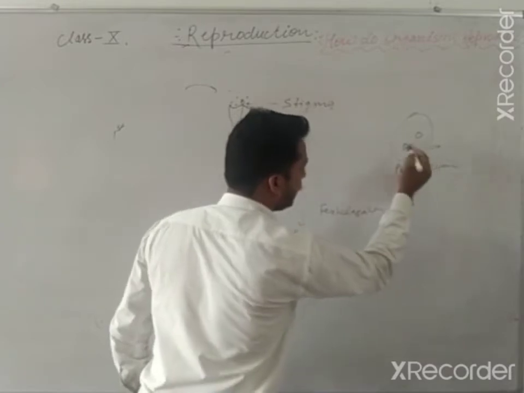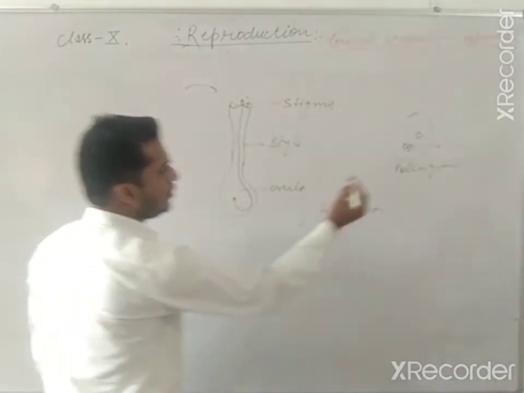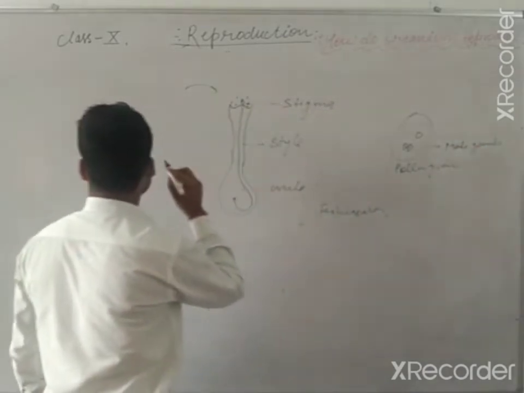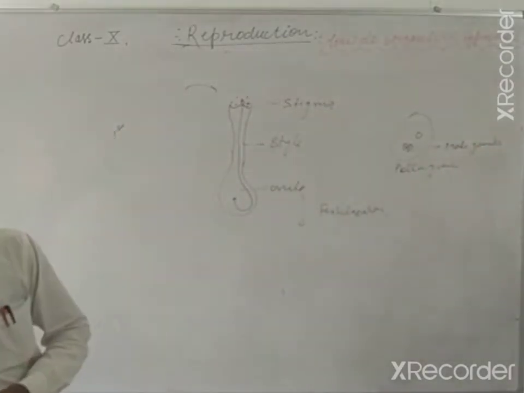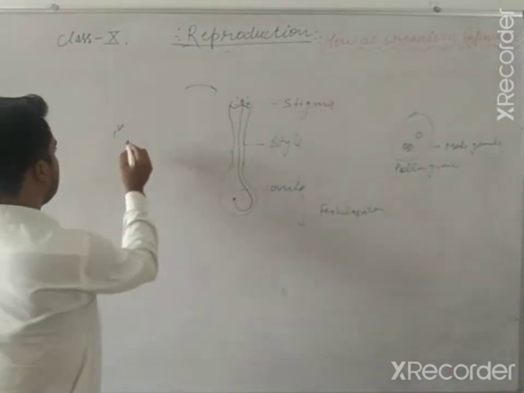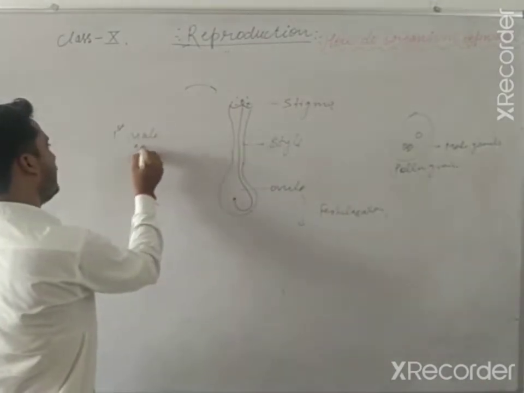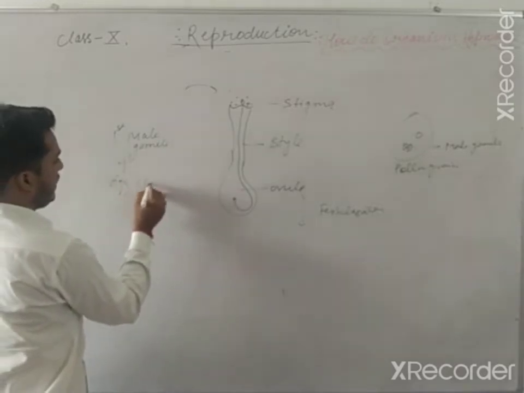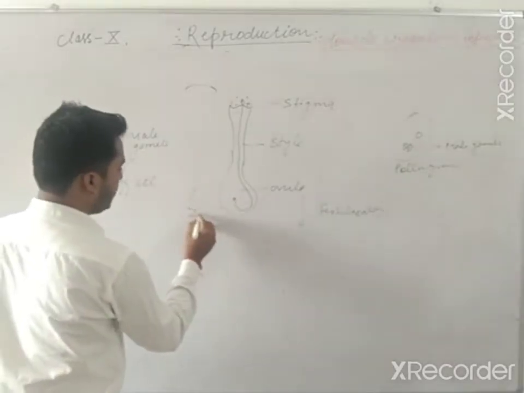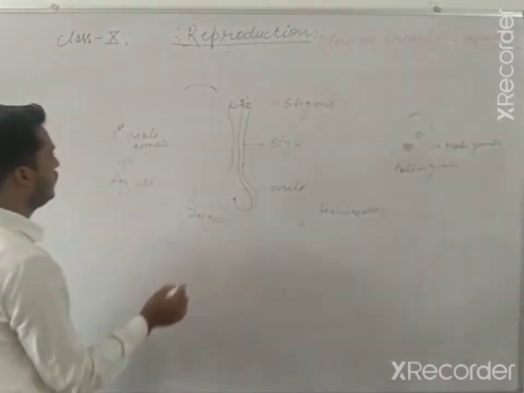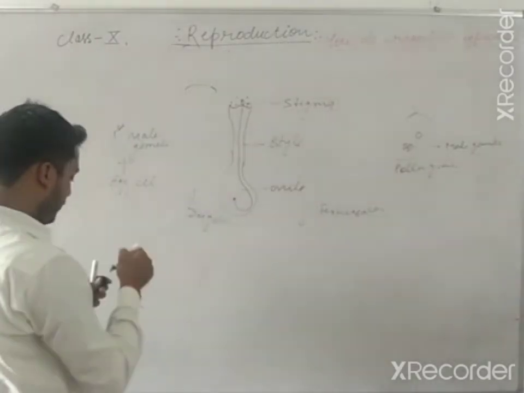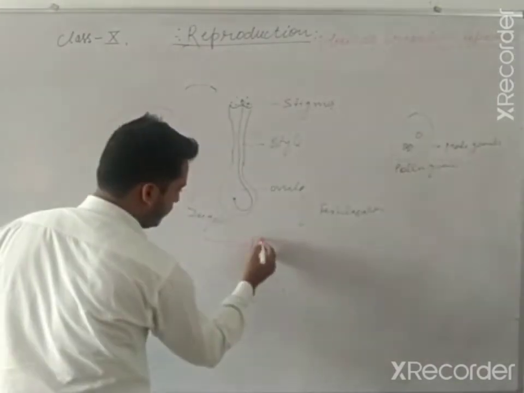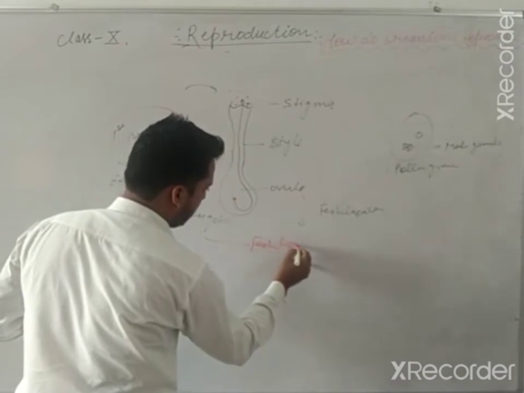The first male gamete combines with the egg cell, and this forms the zygote. This whole process is called fertilization.